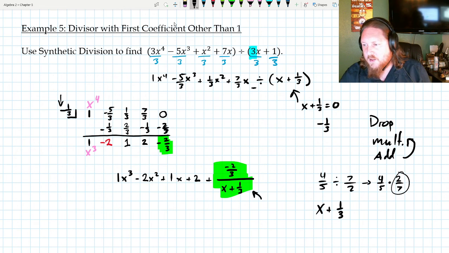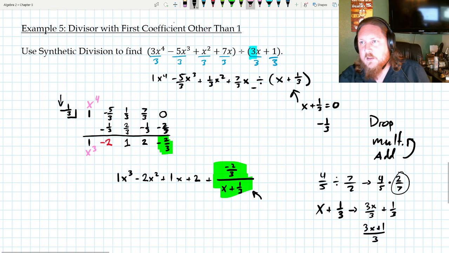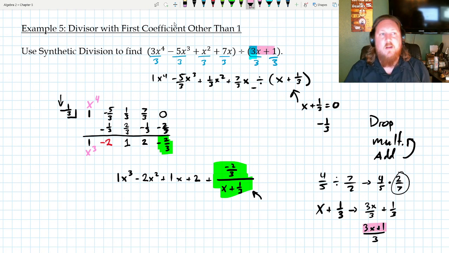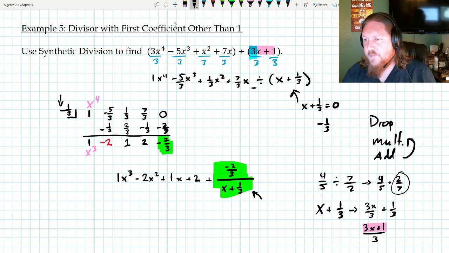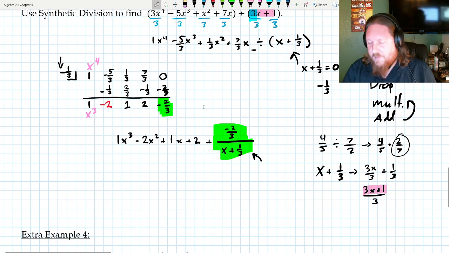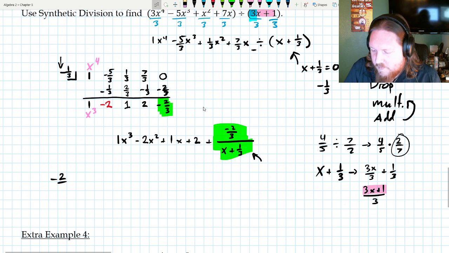So what I do is I find a common denominator, 3x thirds plus 1/3, and that gets me 3x plus 1 over 3. Hey, look at this. 3x plus 1, 3x plus 1. That's not a coincidence there. All right. Now I've got myself a fraction, and now I can actually do the negative 2/3 divided by 3x plus 1 over 3.